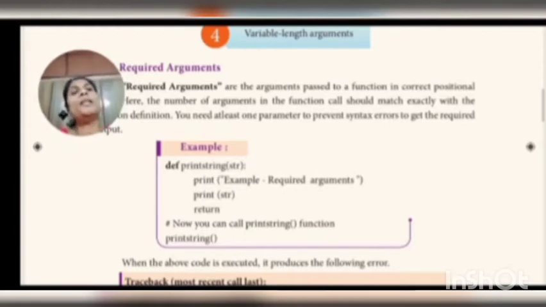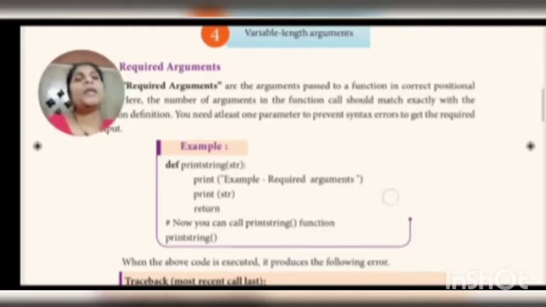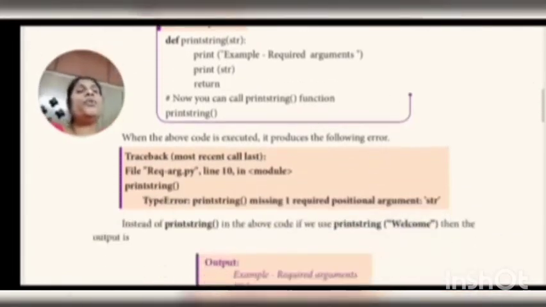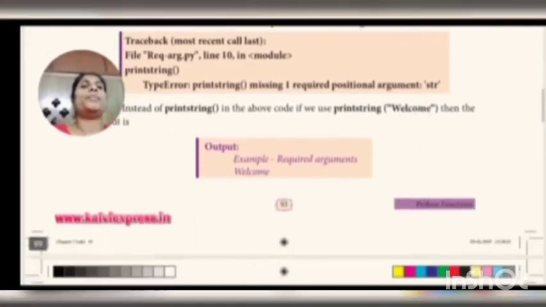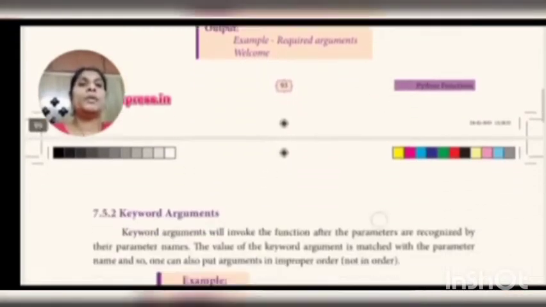Then it is followed by the return statement. Next we have the function call, print string with brackets. This must have 1 argument within it. If it is so, it is correct, but it is not given, so that is an error. If you rectify that, the mistake will be corrected, and then we will have this output.